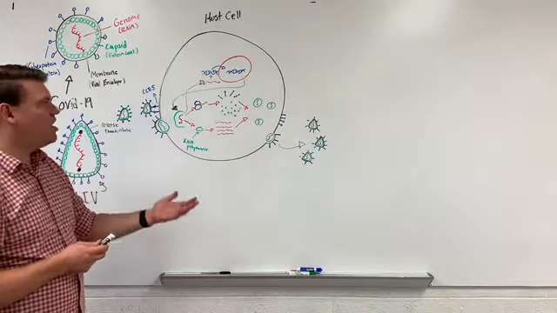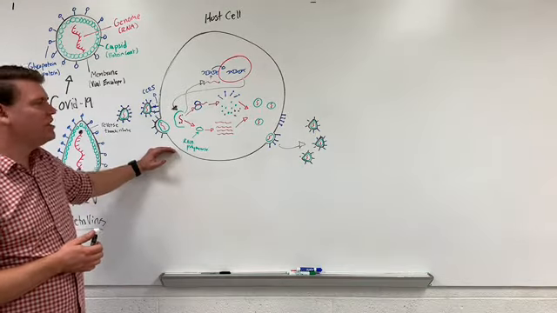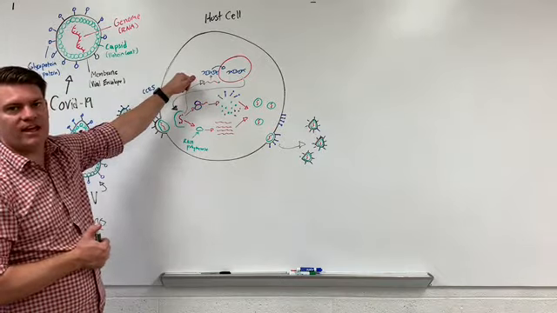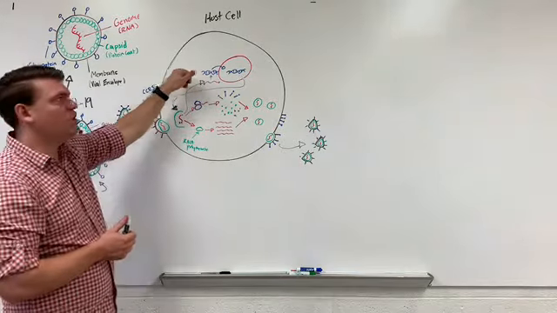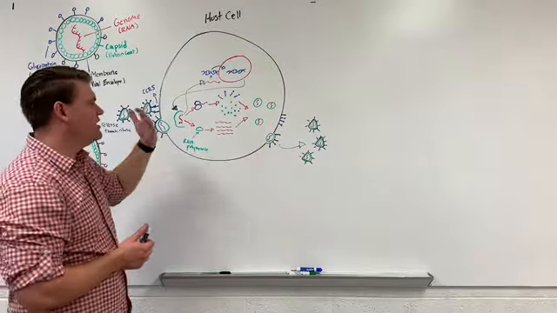So AIDS is the acquired immunodeficiency syndrome that's caused by HIV, because the host cells that HIV is infecting are the immune cells of the body. So if HIV effectively kills off most of the immune cells, then guess what happens?